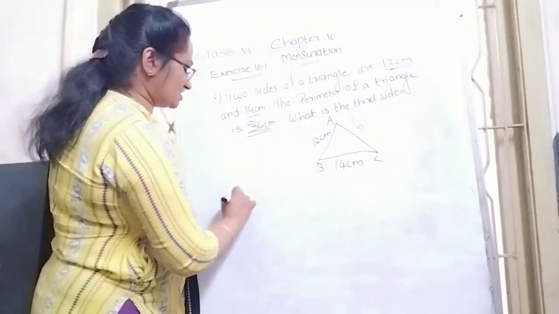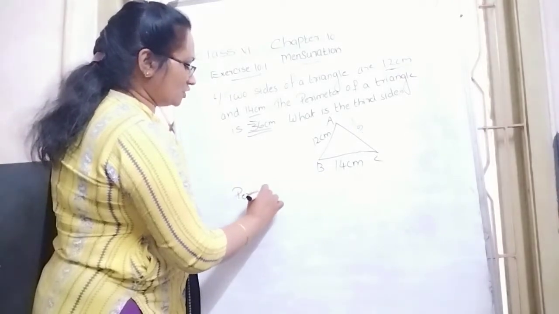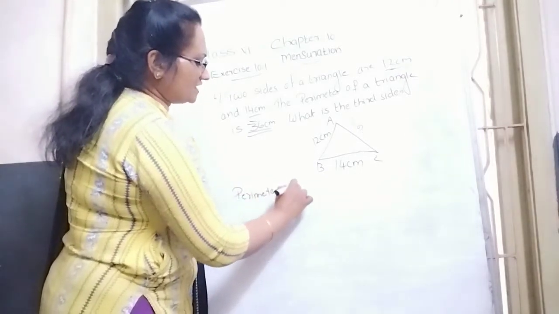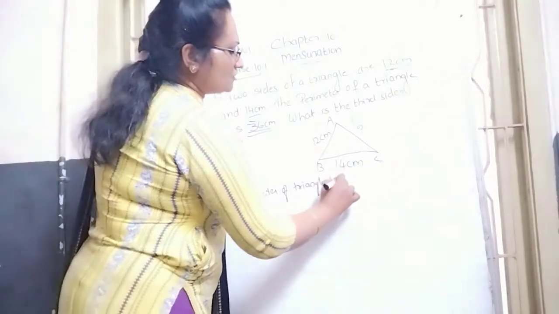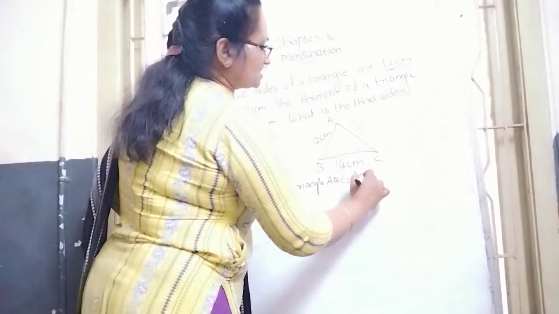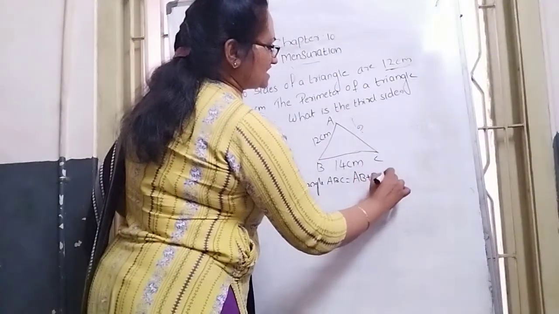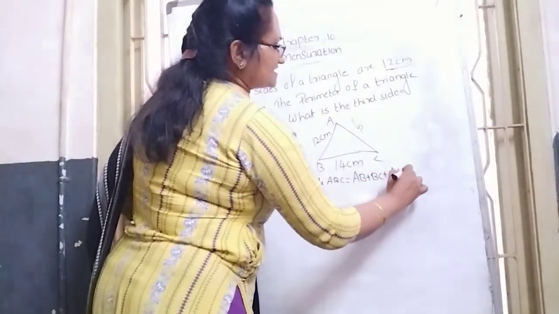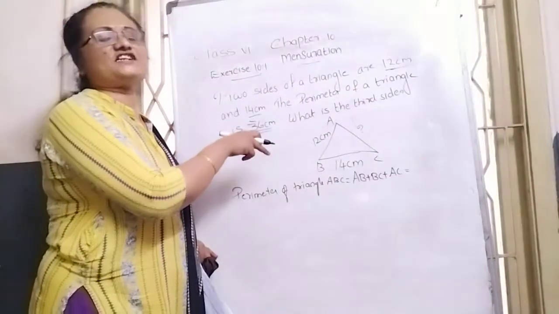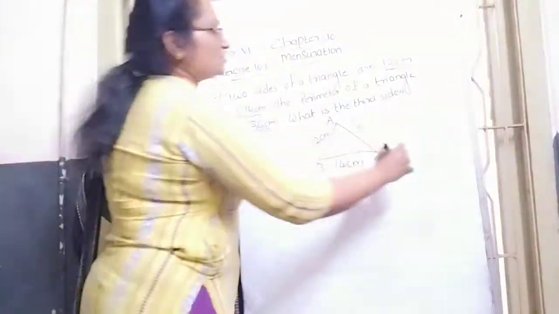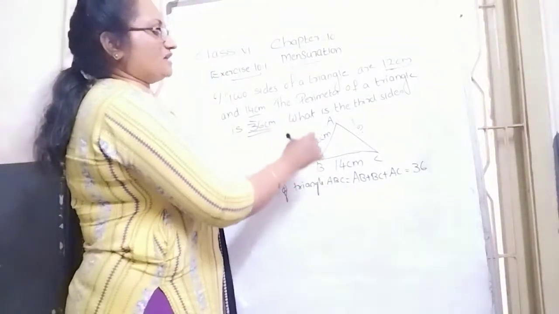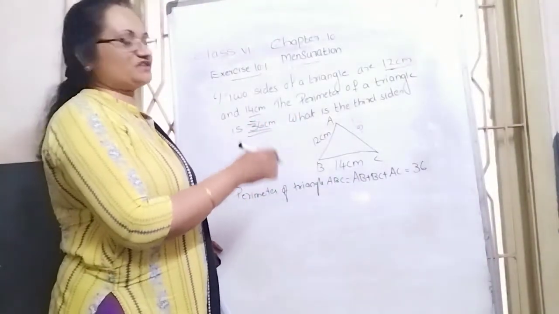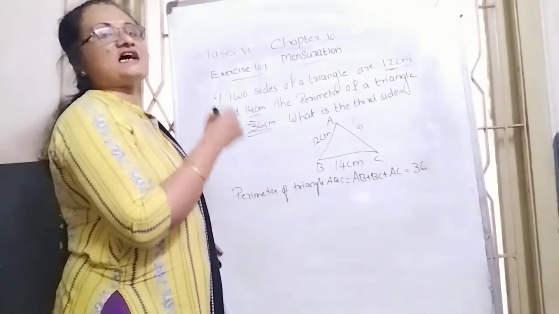So we can write: perimeter of triangle ABC is equal to, the formula is the sum of the 3 sides, AB side plus BC side plus AC side. You don't need to find it, it is given in the question. How much perimeter? That is equal to 36. Knowing the values of two sides, substitute them and find the third side.